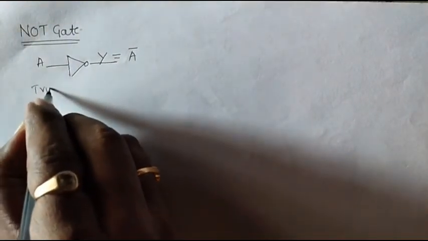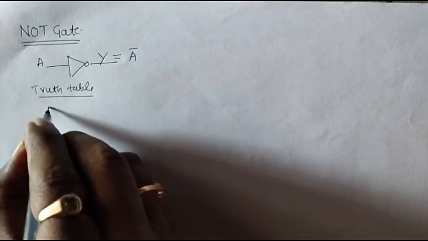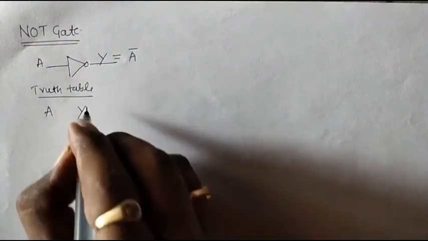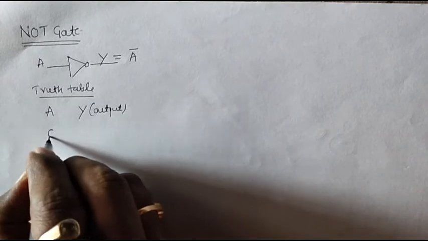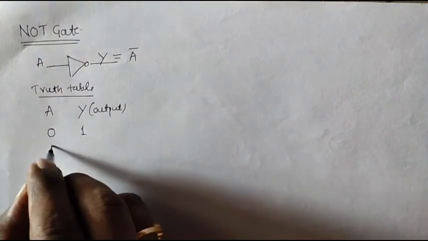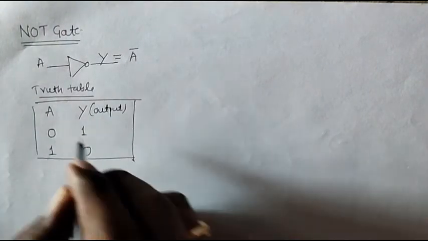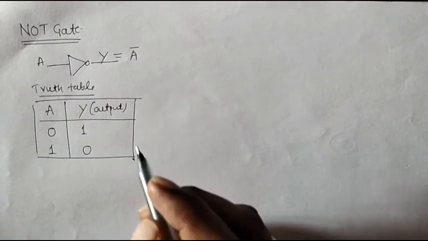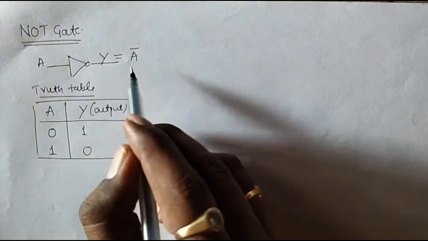The truth table is, it has only one input A and output is say Y. Suppose input is 0, output will be 1. Input is 1, output is 0. This is the truth table for NOT gate. So the Boolean expression for NOT gate is Y is equal to A bar.